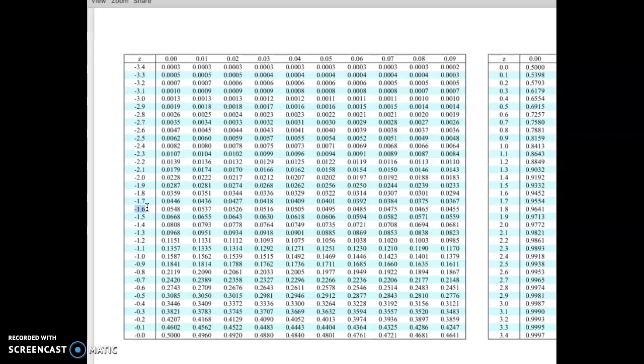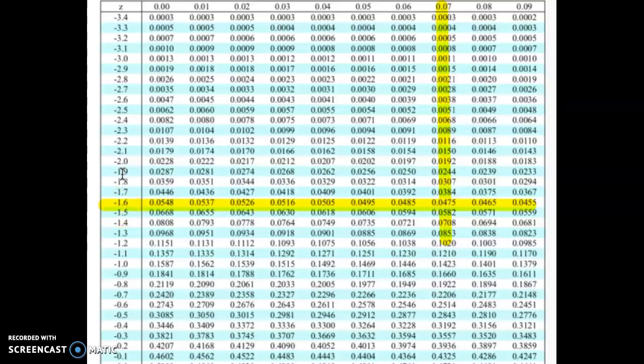That's how we find the first 2 digits. Once again, because it's negative 1.67, we go to the row for negative 1.6, which I've highlighted in yellow, and then we go over until we hit the 3rd digit of 7. So our actual value here, the probability, is right here.